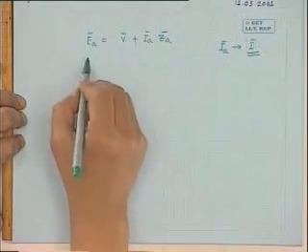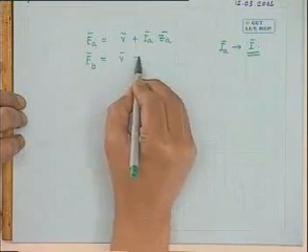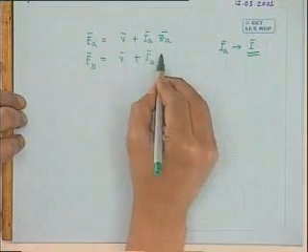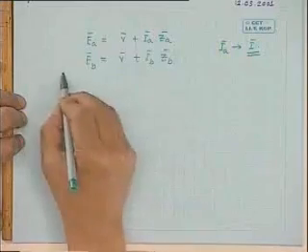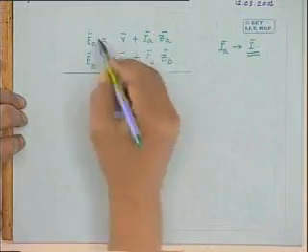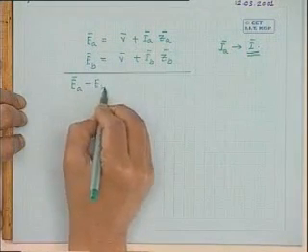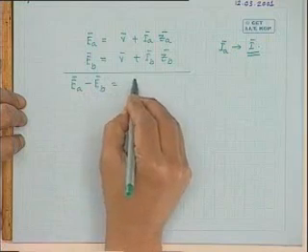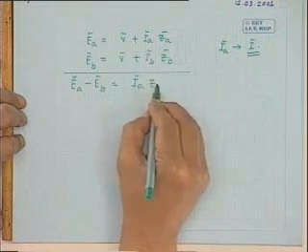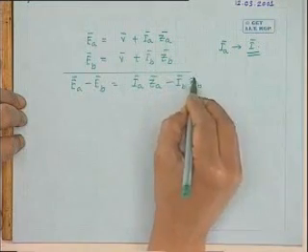This can be done in this way. These two equations were the basic equations, EB bar equals V bar plus IB bar ZB bar. Now, what you do, you subtract these two equations, so that you will be getting EA bar minus EB bar as IA bar ZA bar minus IB bar ZB bar.